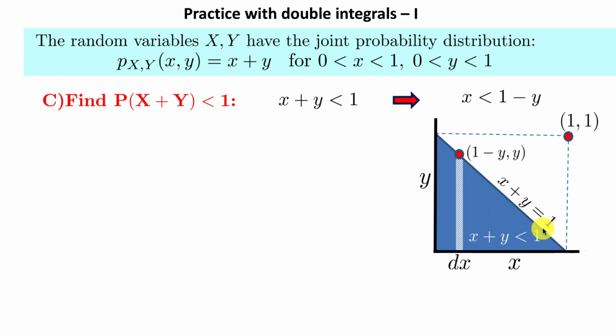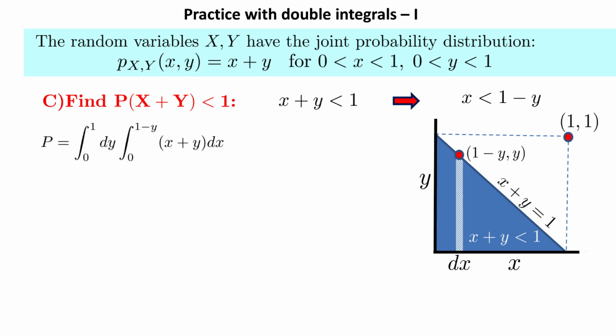X plus y less than 1 is this region here, the shaded region, and the region x plus y greater than 1 is, of course, the unshaded region, this white uncolored region here. We now need to work out this double integral over here to get the probability that x plus y is less than 1. So for this, let's go to this diagram here.